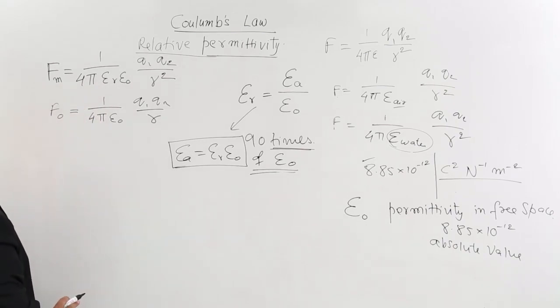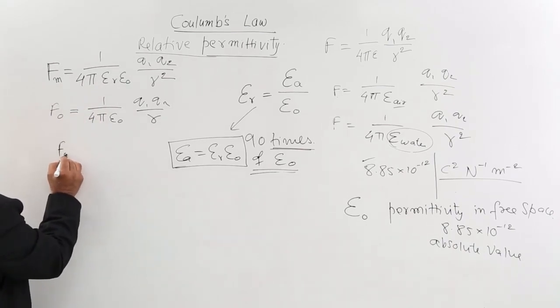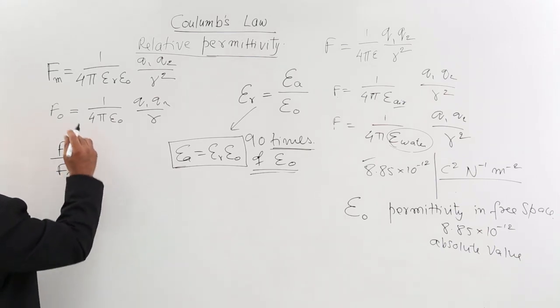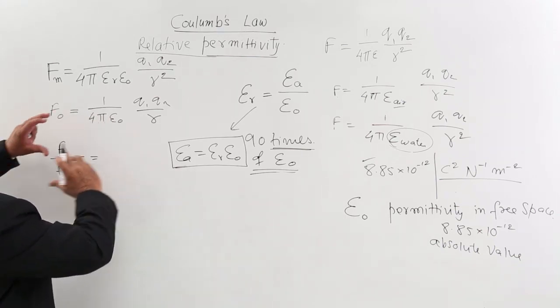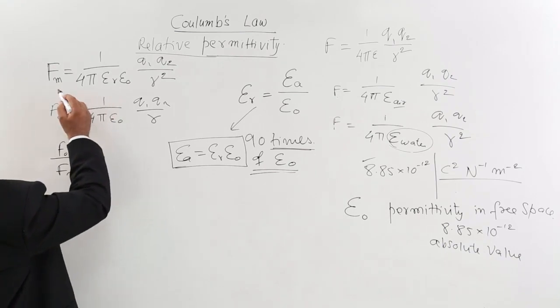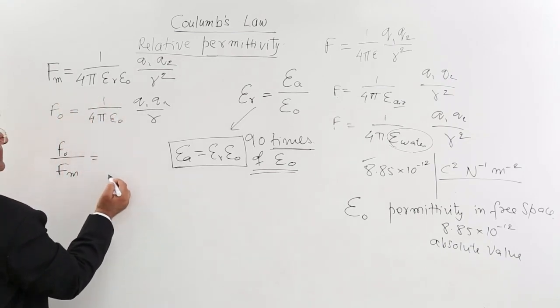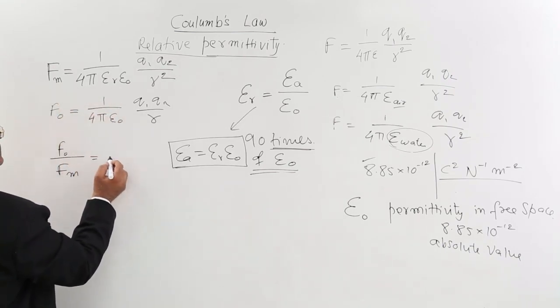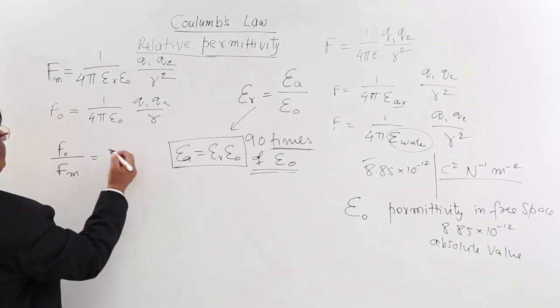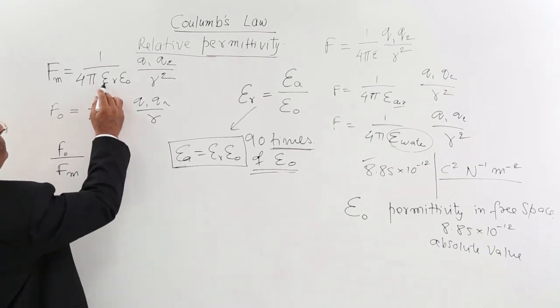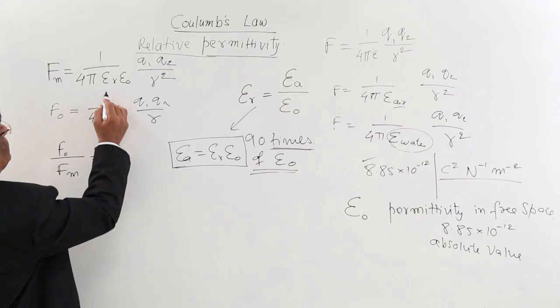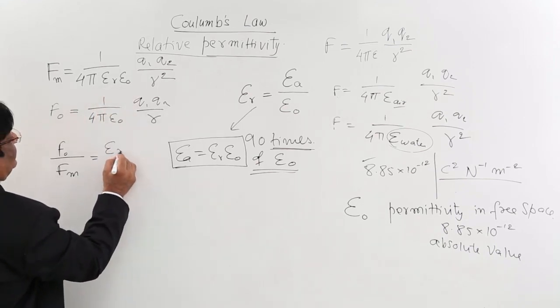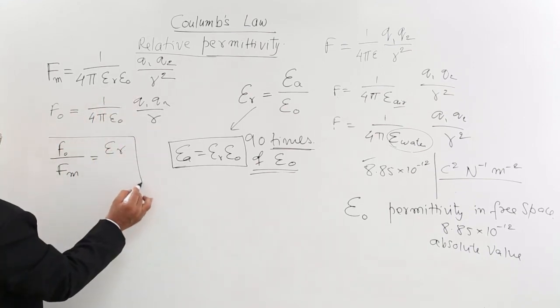If we divide the two, that is F naught, free space, divided by F medium, we get ER.